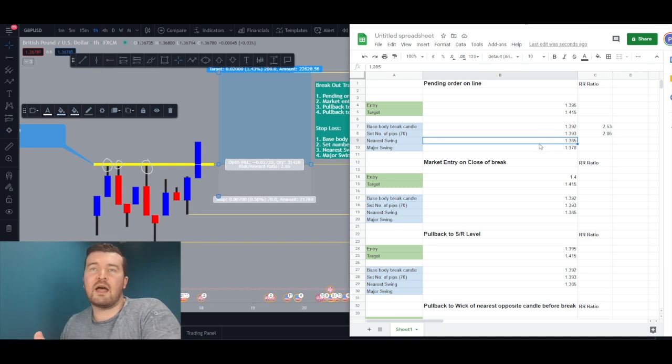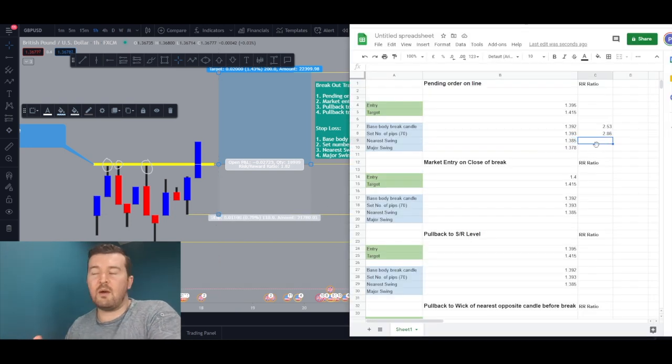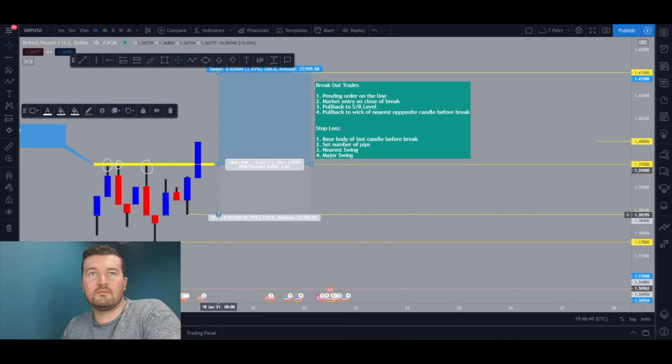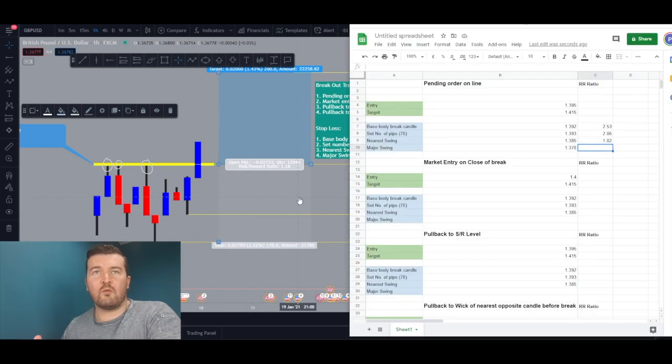And then what we have as our next possibility is the nearest swing, which happens to be this line here. It makes our risk reward ratio 1.82. And then at the major swing, it makes our risk reward ratio 1.18.